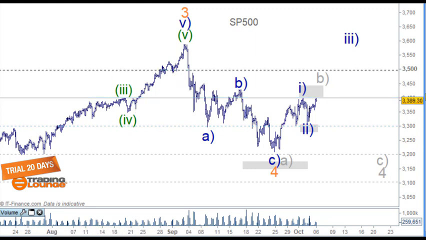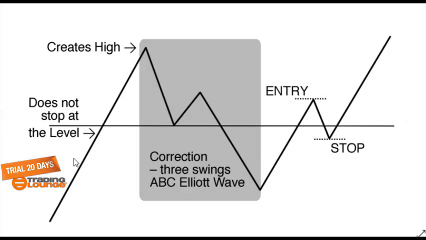So that brings in the overshoot pattern, where it doesn't stop at the level, and it still moves up and creates the high above the level, and then it swings lower at that point. But what it does is that this level, in this case 3400, becomes the balance point for this whole pricing activity. And this is where we are now, in this space just here.